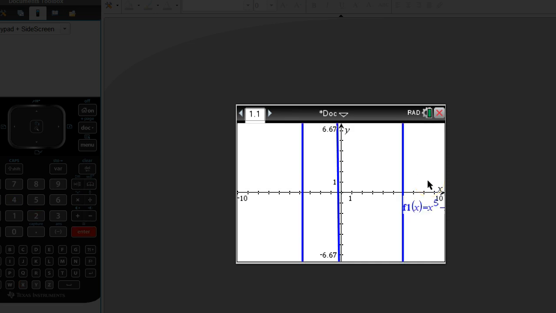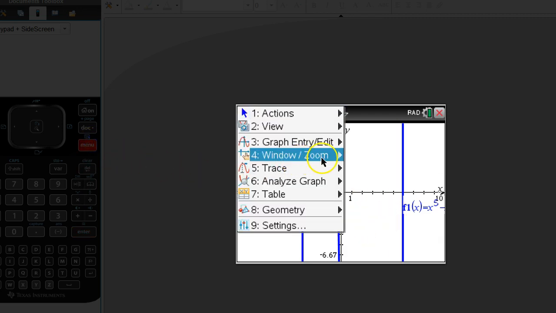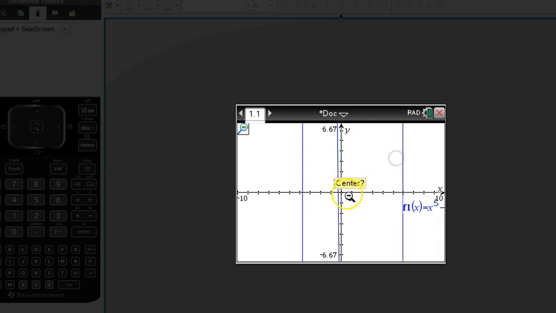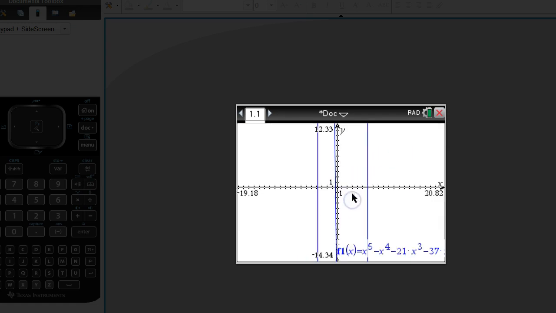And for this graph, we don't really care even what the x-intercepts are. All we care about is how many of them there are. So maybe we need to zoom out, because you never really know if there's going to be other x-intercepts outside this window. Right now I can see that there's a total of 3 x-intercepts, but let's just double check. Let's zoom out here, maybe a few times.